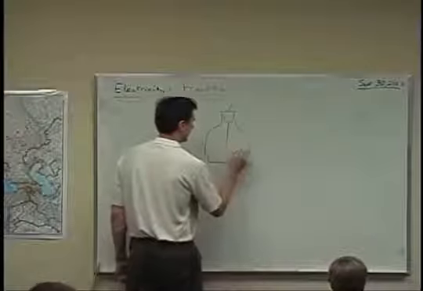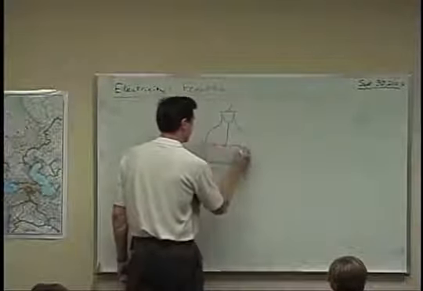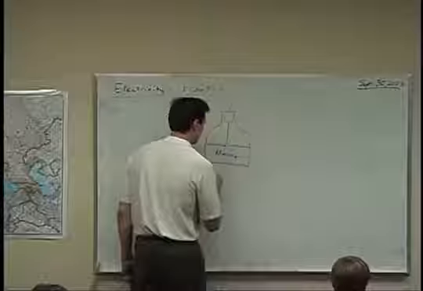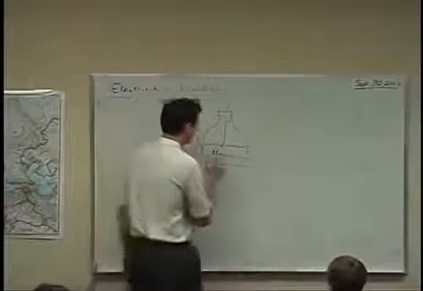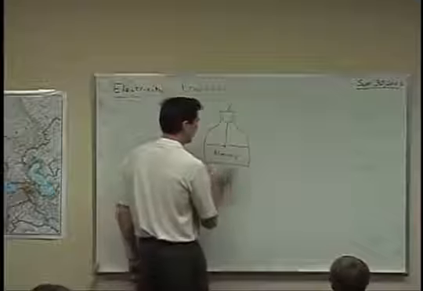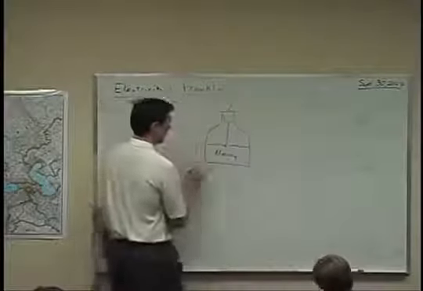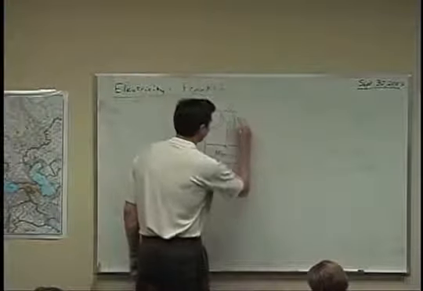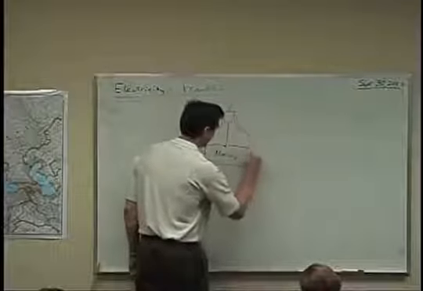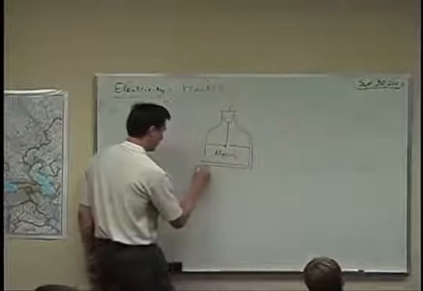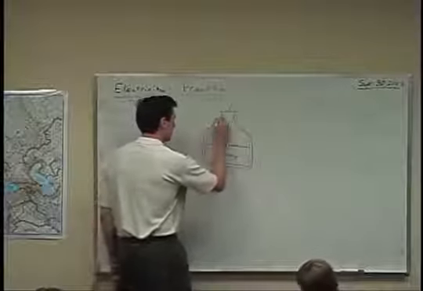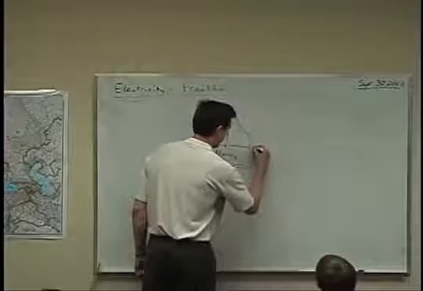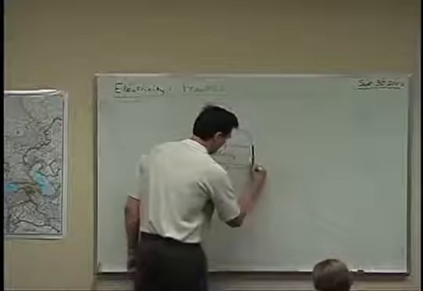And let's say we have mercury in our jug. I'll go ahead and draw in the thickness of the glass here. And then on the outside, we have a metal coating.